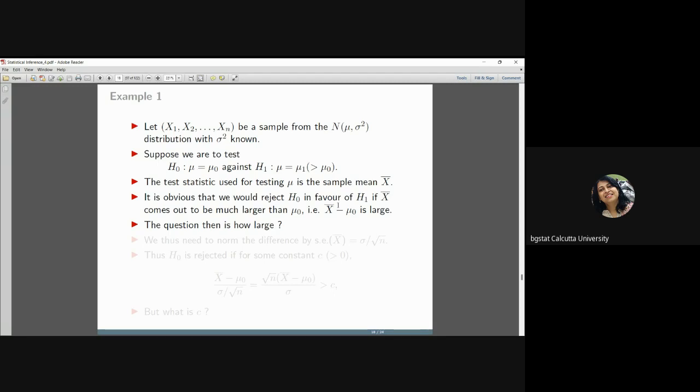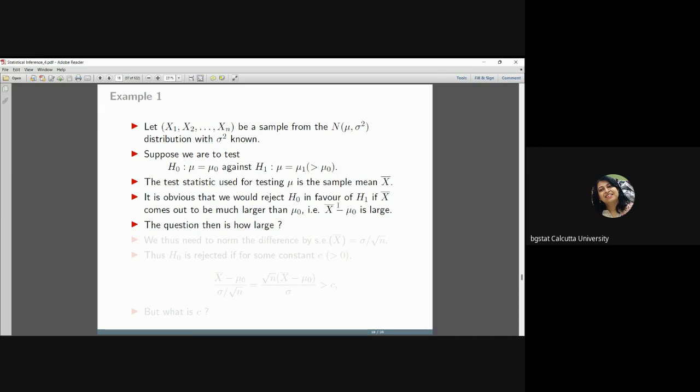greater than mu naught. Now, because the hypothesis concerns the population mean, our statistic will be the sample mean. Now, we also know that the average value of x bar over repeated samples is the population mean.